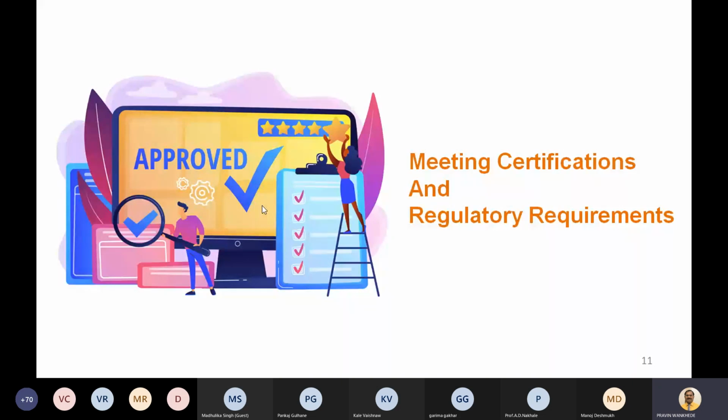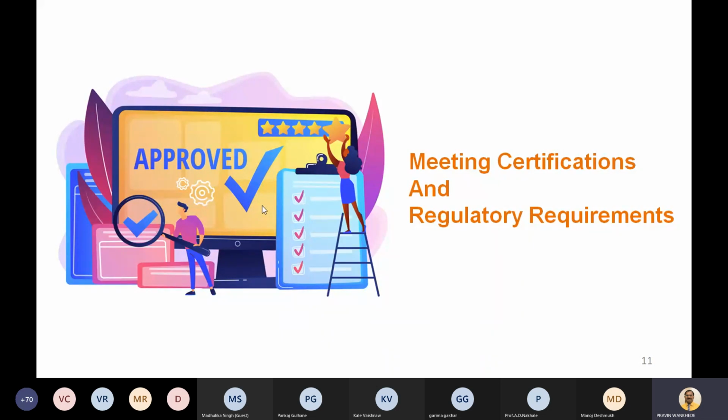The certification testing provides assurance that whatever device we are manufacturing can operate safely, and that it will not interfere with other devices in its normal operating environments.